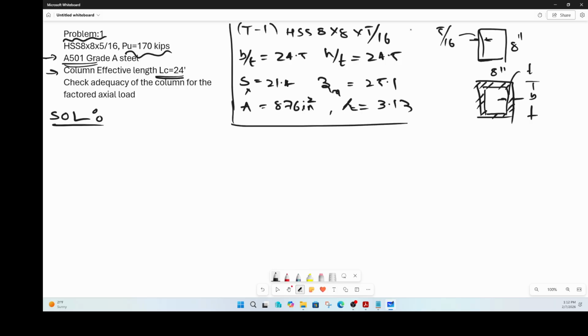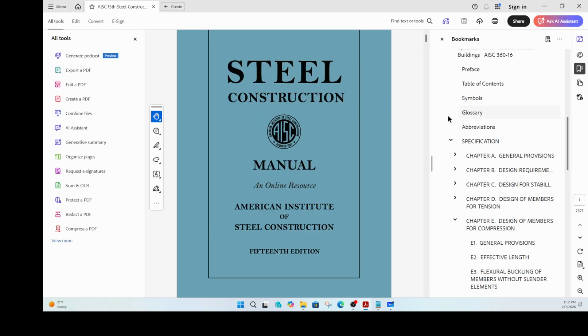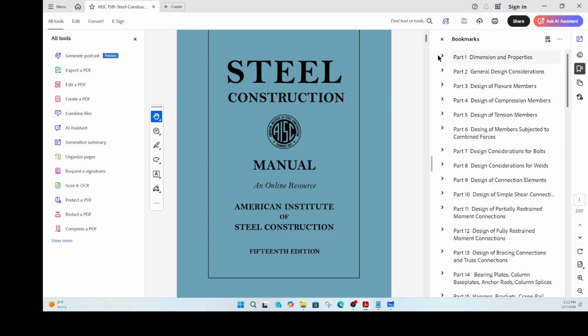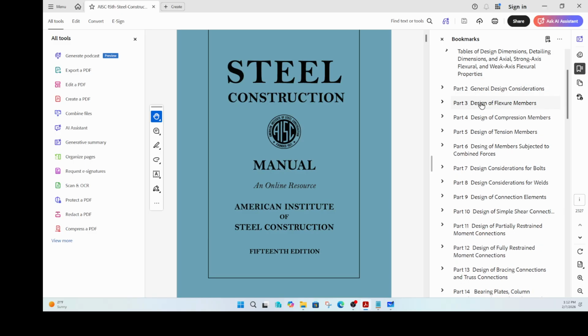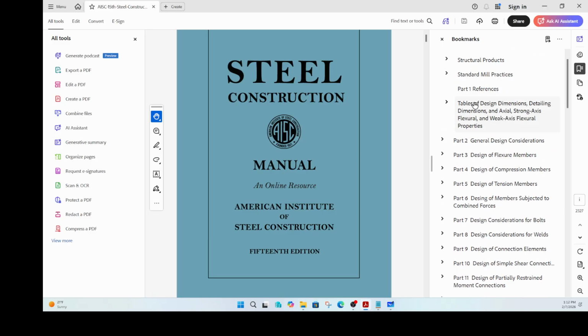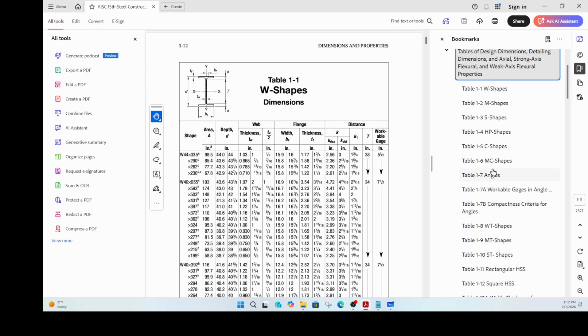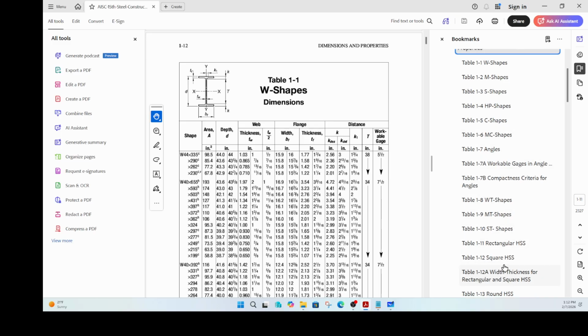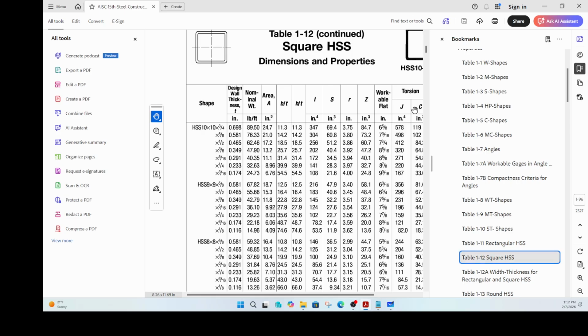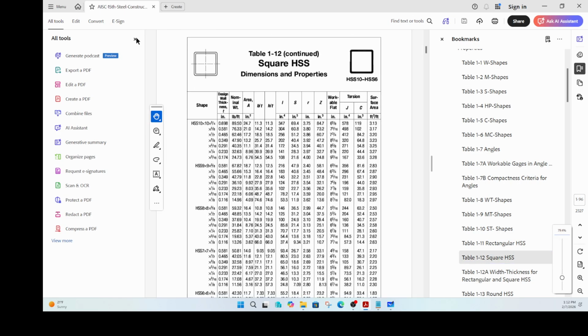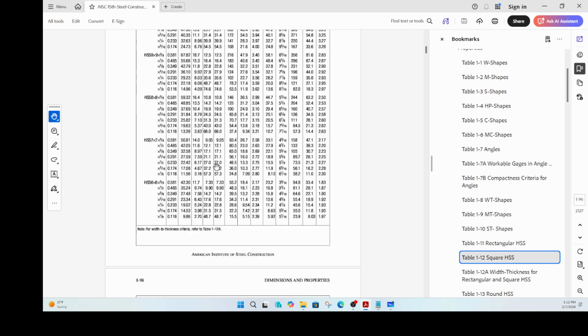All this is from part 1 of the tables. So let's go here, part 1, and get into the tables. You go to the square shape HSS, it's right there, and then you go to HSS 8 by 8.